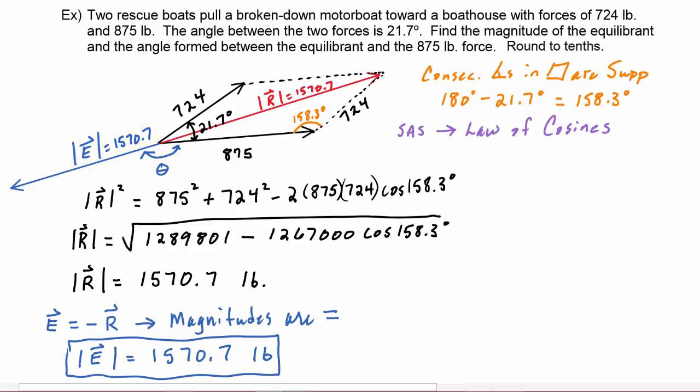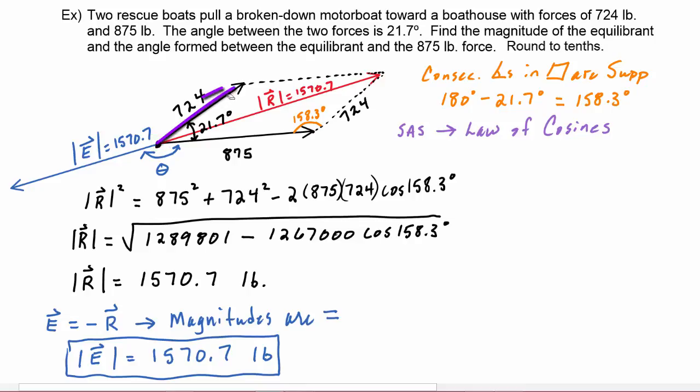Now, to help you understand what the equilibrant is, that would be the force required to hold the broken down boat in place against the two rescue boats. So, in other words, remember that this point right here is where the broken down boat is.